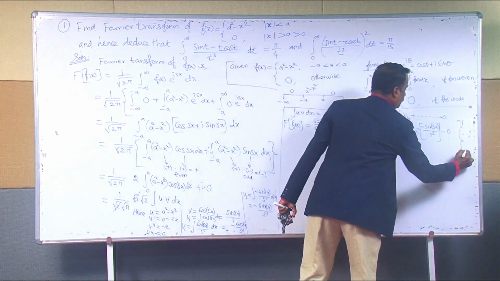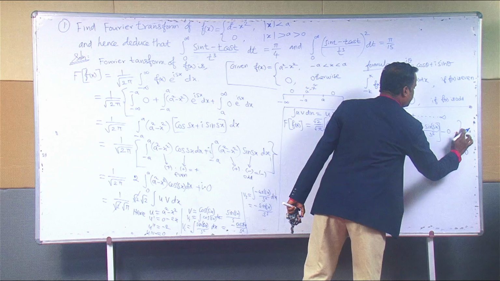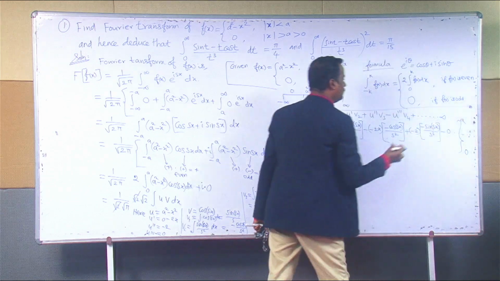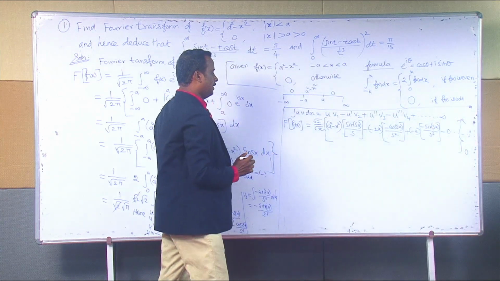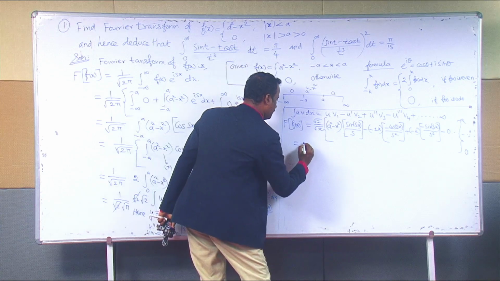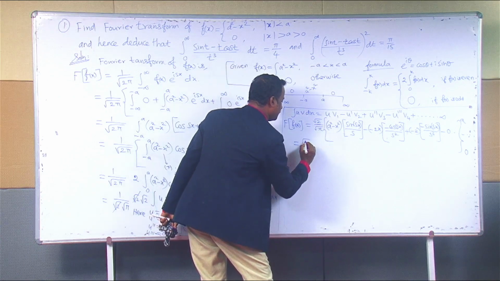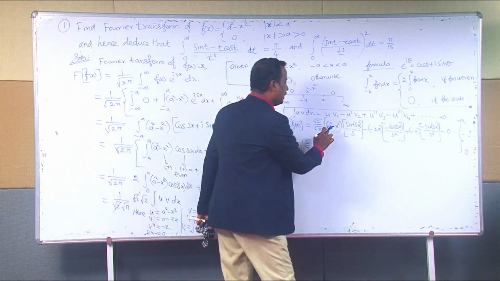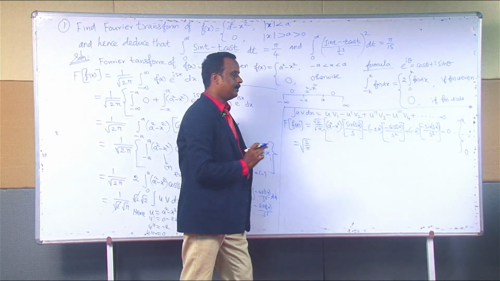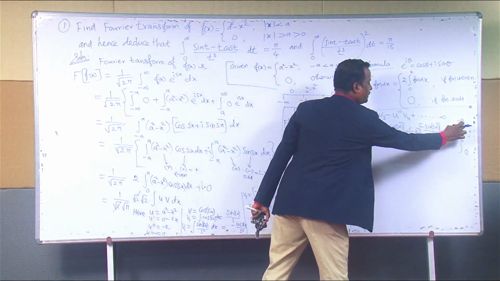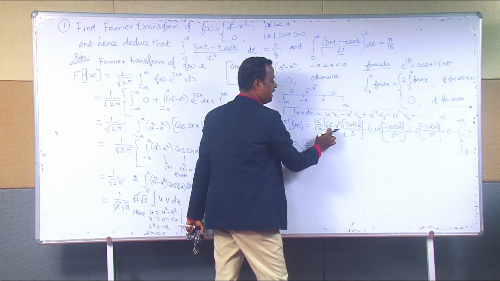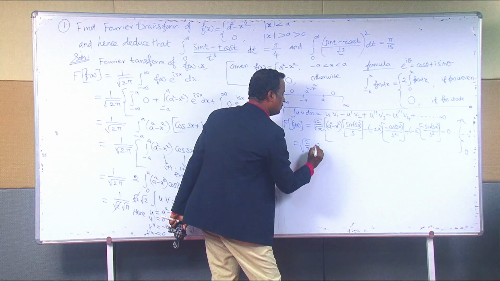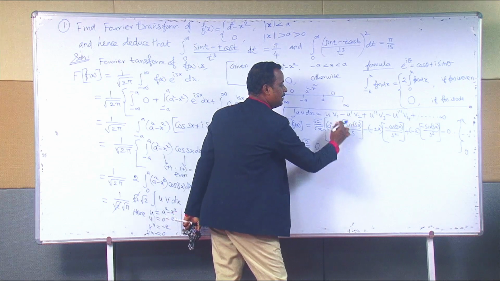Lower limit 0 and upper limit a. Now we apply the upper limit. This can be written as root of 2 by pi. While applying the upper limit, instead of x we apply a. a square minus a square becomes 0, and 0 into anything is 0.